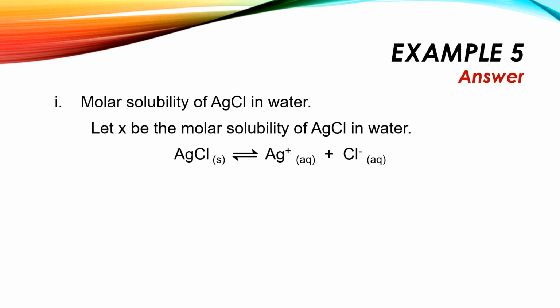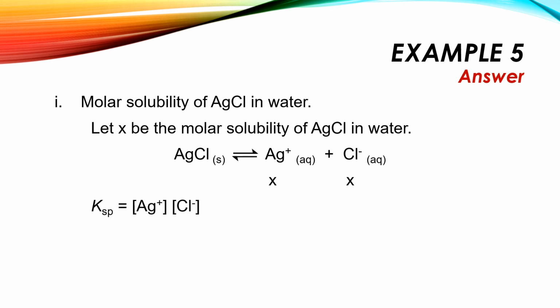Writing the solubility equilibrium expression, the slightly soluble salt silver chloride dissociates to form silver aqueous ion and chloride aqueous ion. Since the solubility is assumed as x, 1 mole of silver ions is equal to 1x, and 1 mole of chloride ion is equal to 1x.